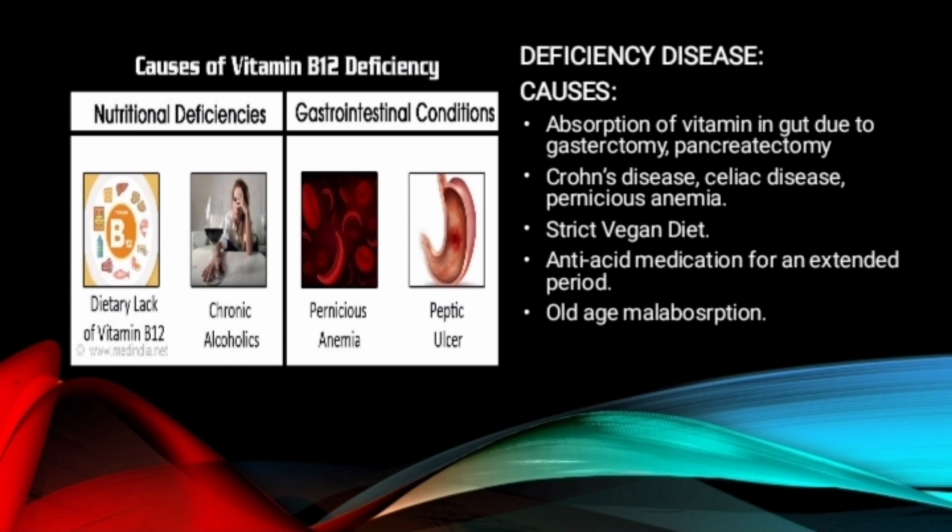A clinical condition associated with vitamin B12 deficiency is pernicious anemia. It is a disease which primarily arises due to the absence of intrinsic factor in the gastric juice. And the main reason for deficiency of intrinsic factor is an autoimmune phenomenon in which antibodies are generated against the intrinsic factor, so that it cannot allow vitamin B12 to be transported into the circulation.